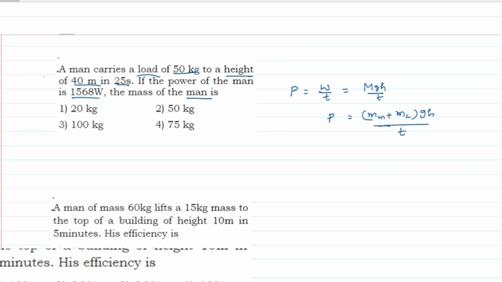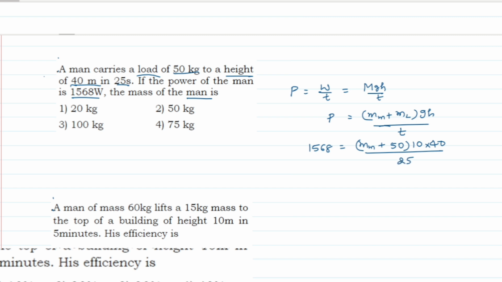So here power is already given as 1568, which equals the mass of the man, which we don't know, plus the mass of the load, given as 50 kg, into g, which you can take as 10. It is taken to a height of 40 meters in a time of 25 seconds.